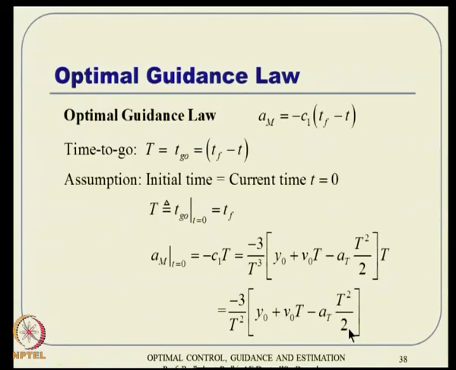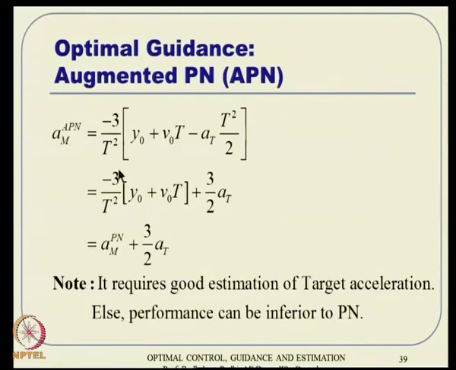Okay. So, the optimal guidance law accordingly will turn out to be like this. So, we go back and put everything there, and AM at T0, where T0 means current time, turns out to be in this expression form. If you try to simplify a little bit, you contain the first component which we had before.